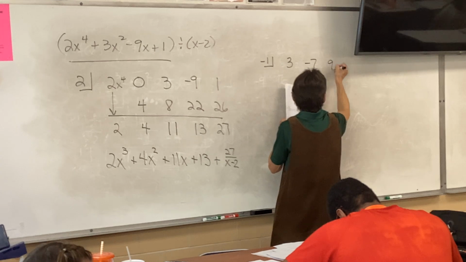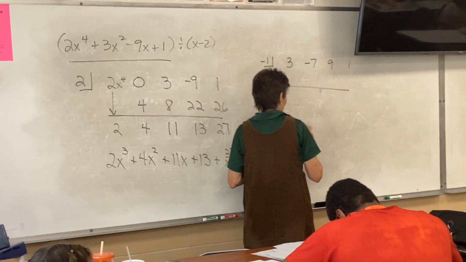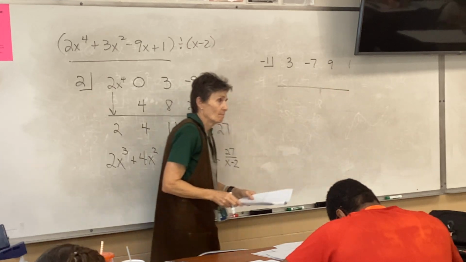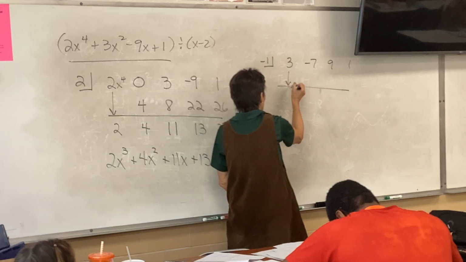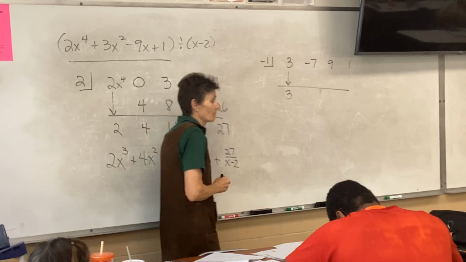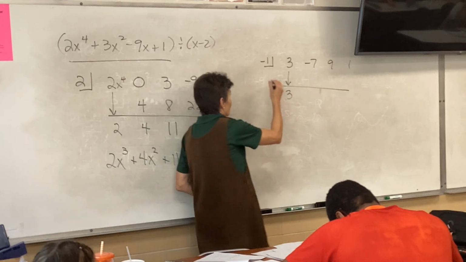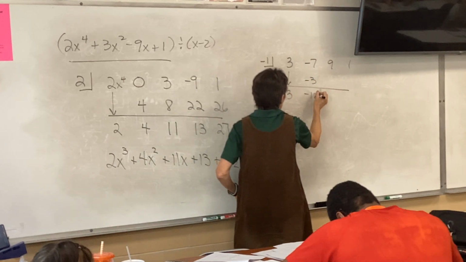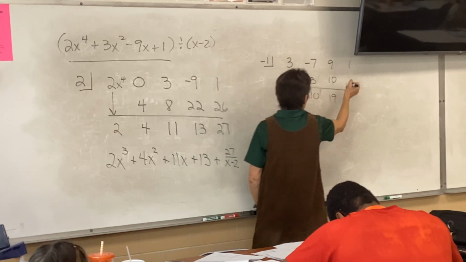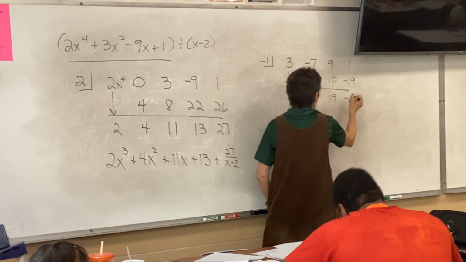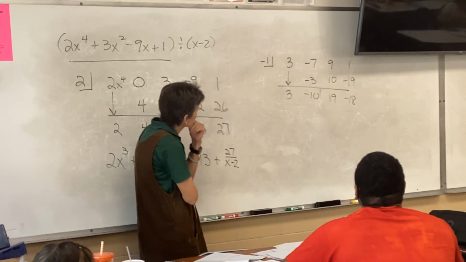All right. Yeah, we don't put zeros at the front. Now, here comes the 3 straight down. -3, -10, 10, 19, -19, -18, if I didn't make any mistakes.